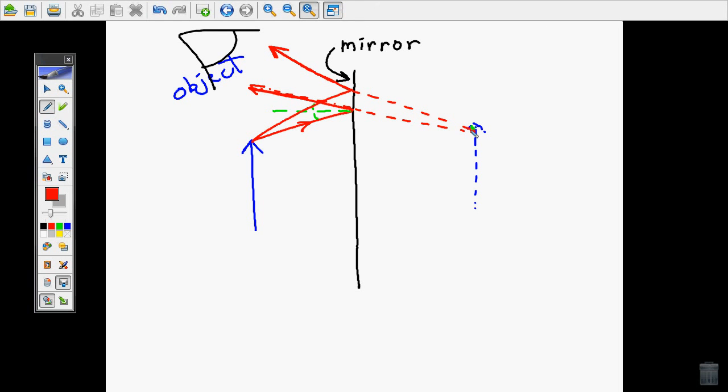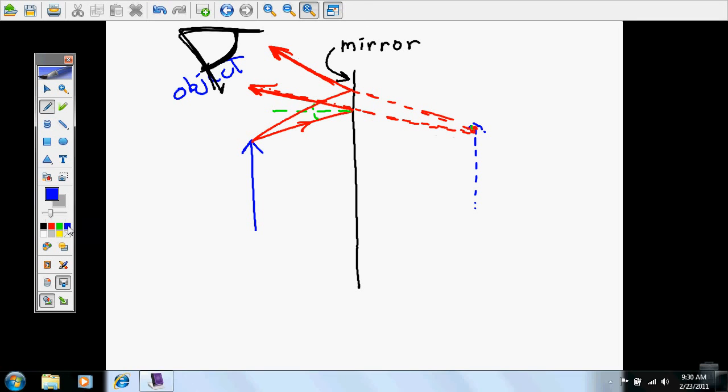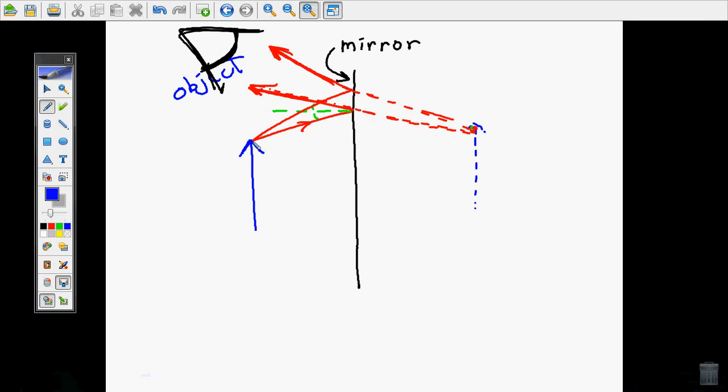A person's eye catching these light rays, their eye and their brain would be faked out, and they would think that that light actually came from right here, the head of the object.